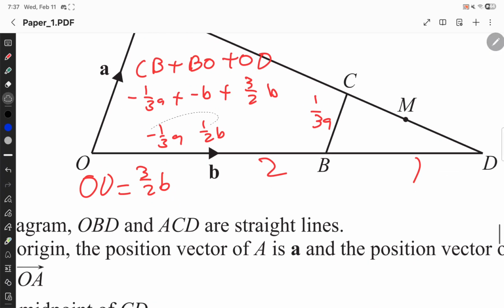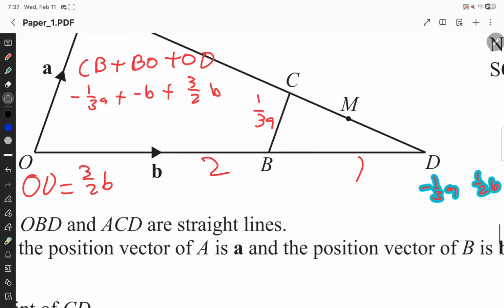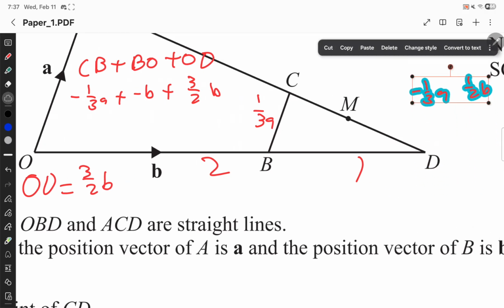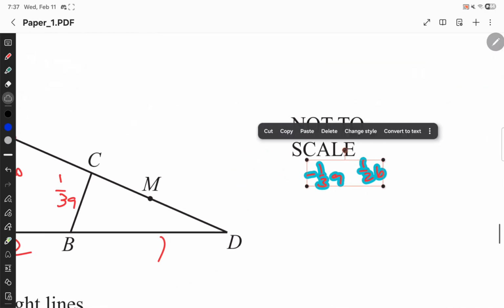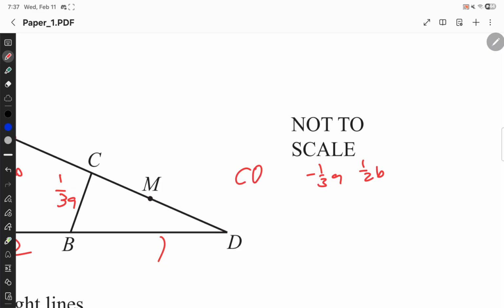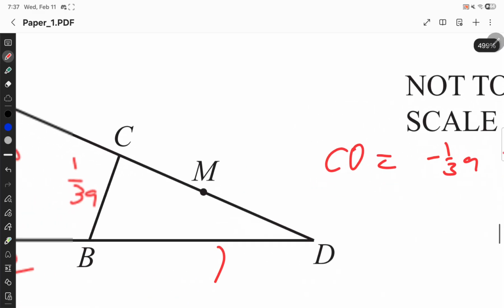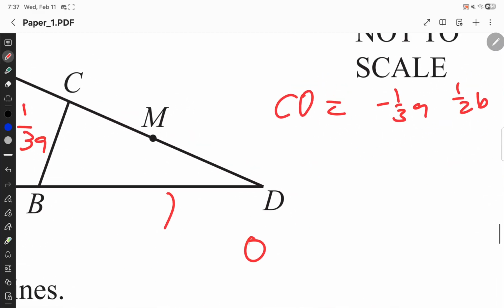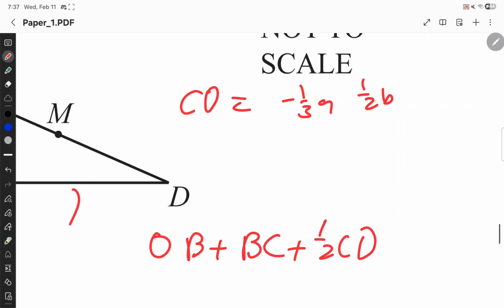Away from this mess, we found CD. As the third time I'm saying this, we need to go from OB to BC plus a half CD. A half CD is 6a plus 4b over 12.